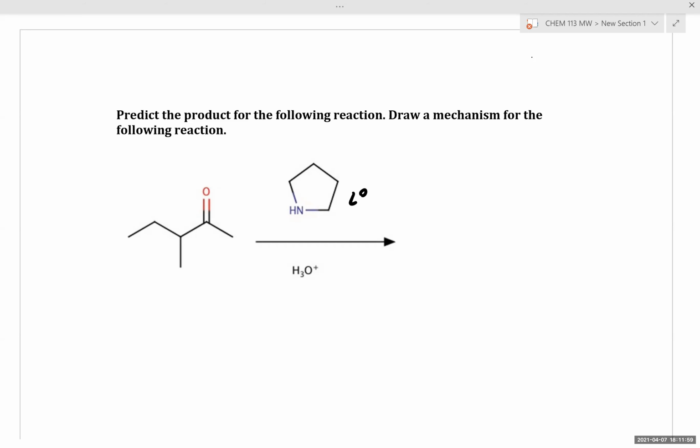And it's almost like twofold practice because the mechanism for enamine formation mirrors that of imine formation. So would anyone like to share their proposed responses annotated on the class whiteboard?